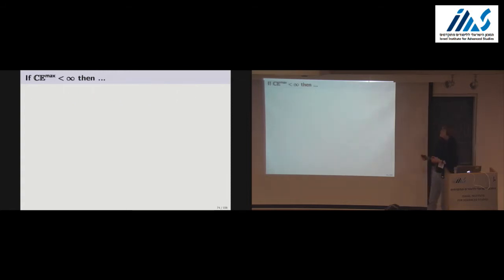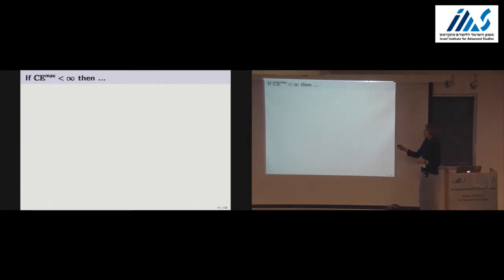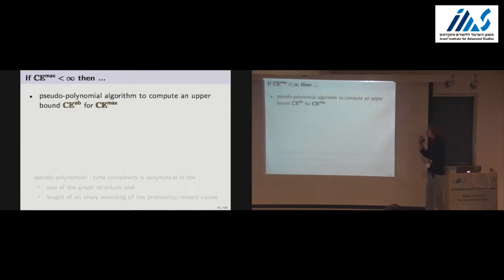Now, in case we applied this algorithm to check finiteness and it was positive, then one can compute in pseudo-polynomial time an upper bound. At this stage, I do not claim anything else. It is just a safe upper bound.